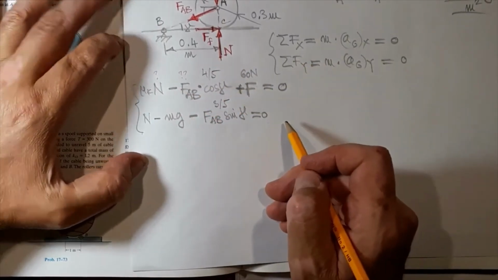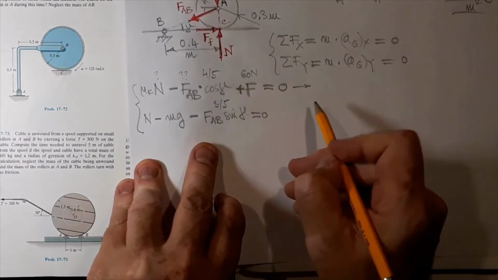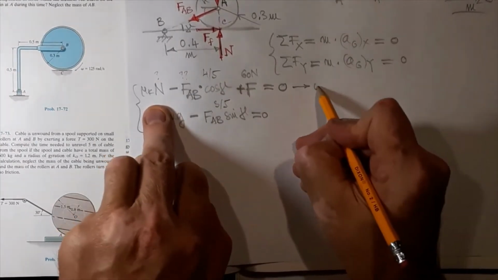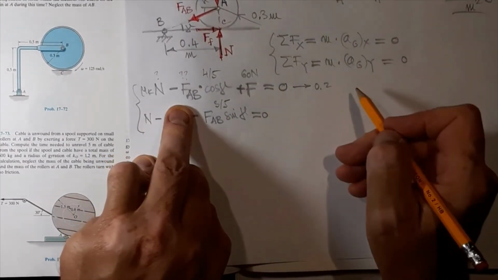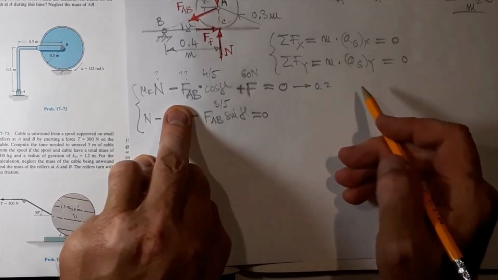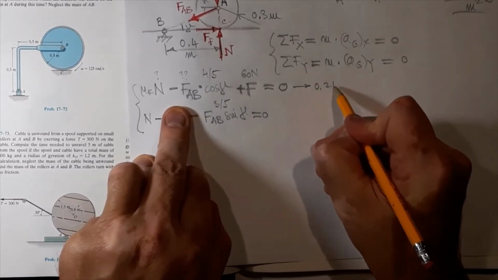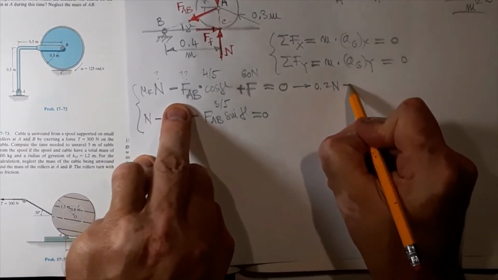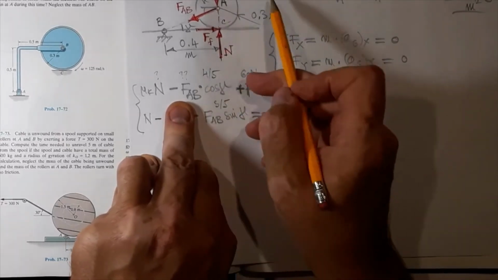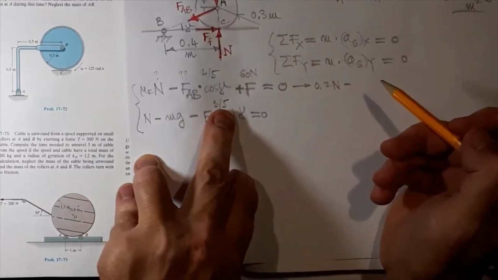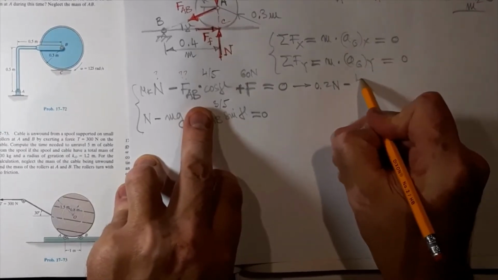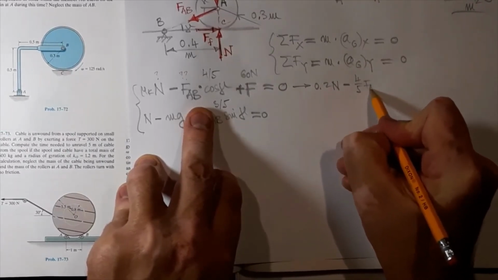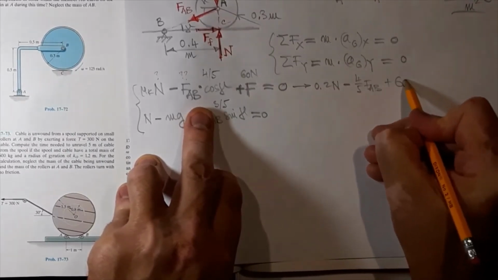So what do we have? The friction coefficient is 0.2. We have 0.2 times N, and here by the way was a plus because the 60 newton force is to the right. Negative 4 over 5 FAB plus 60 equals 0.